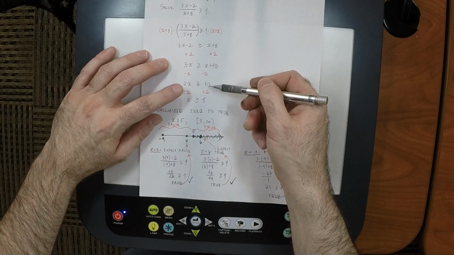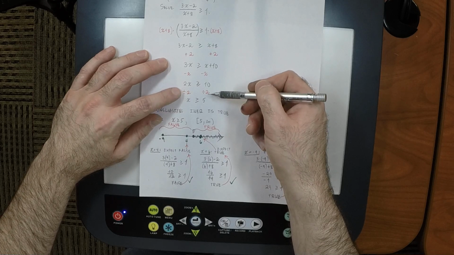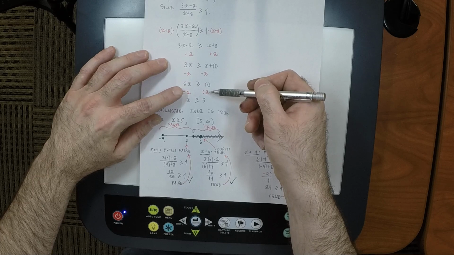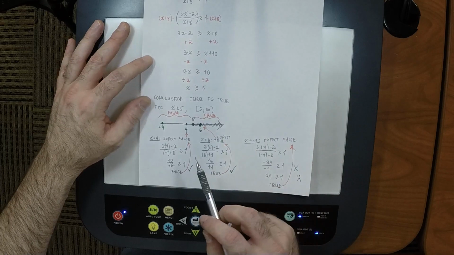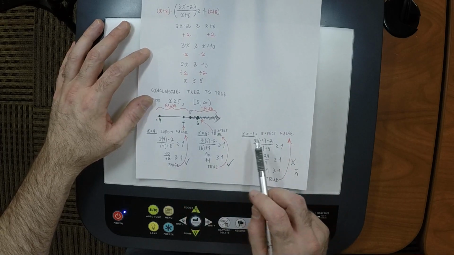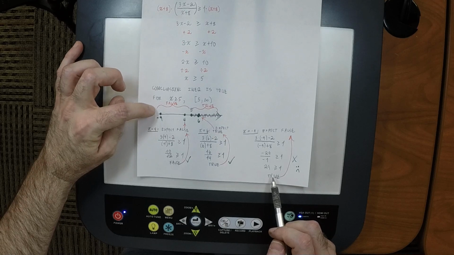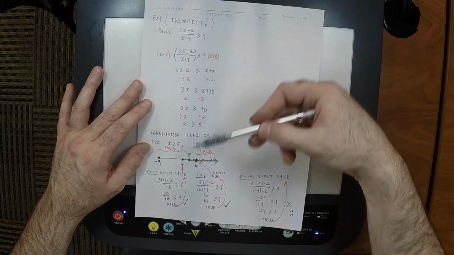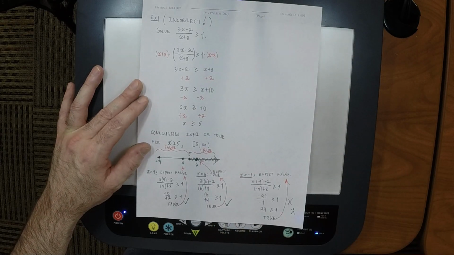For example, right here we divided both sides by 2. Does the direction need to change? No, because 2 is positive. So we expected false at -9, but we got true, so our answer is not correct.